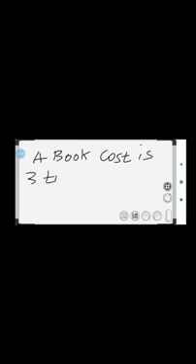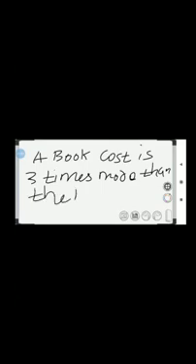I will write one thing and then for the further examples you might know. So first one, a book cost is 3 times more than the notebook.